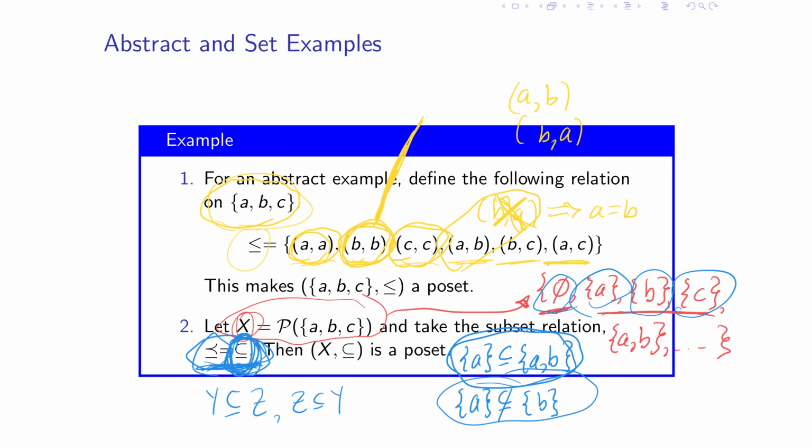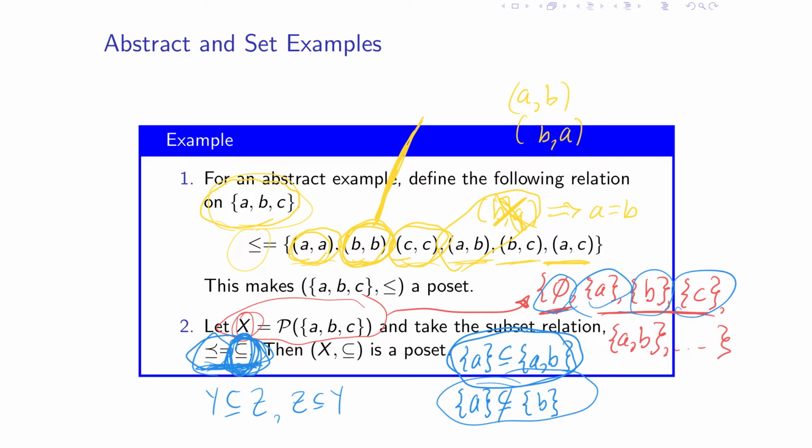That is famously a very important property of sets, so it satisfies antisymmetry. And finally, what about transitivity? If A is a subset of B and B is a subset of C, does it follow that A is a subset of C? Yes, it does. So the relation is transitive, and so it has all of the properties needed for an example of a poset.